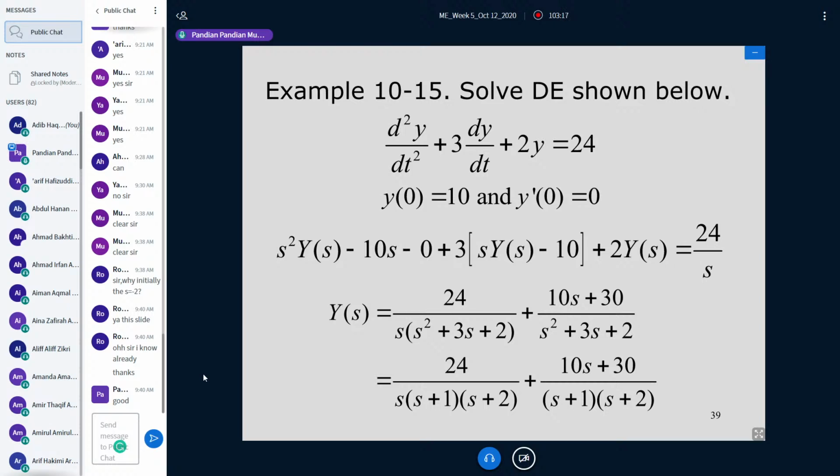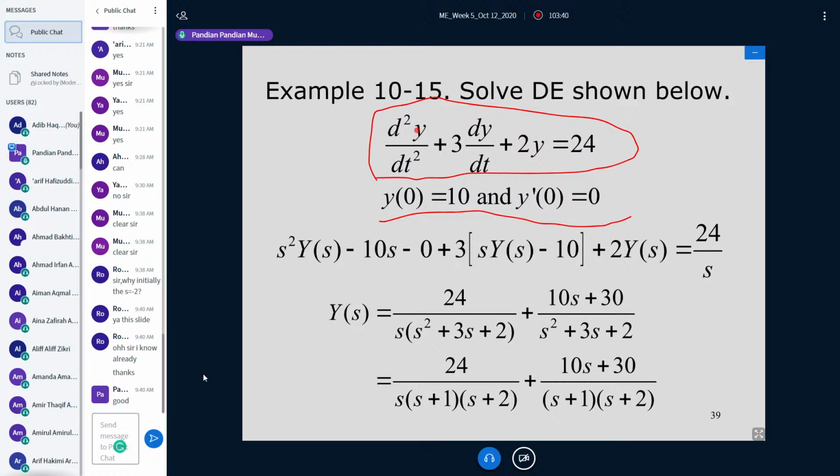Very powerful. So this is the last one. At least you must know the maximum order is second order. d squared y/dt squared plus 3 dy/dt plus 2y equals 24. y(0) is 10, y'(0) is 0. Initial conditions. Two conditions must be there because this is second order.